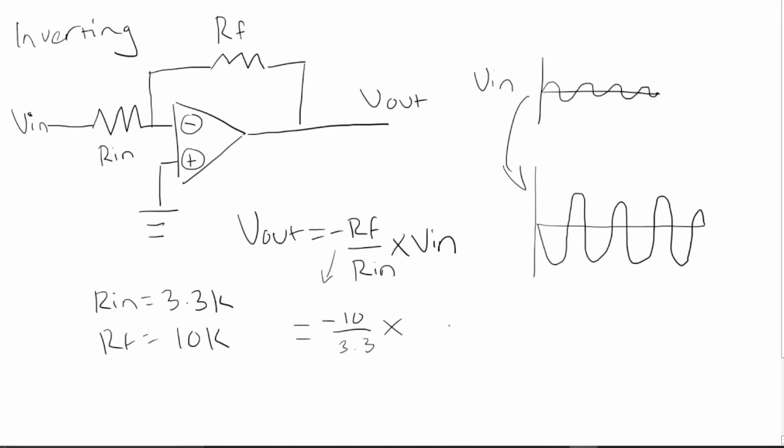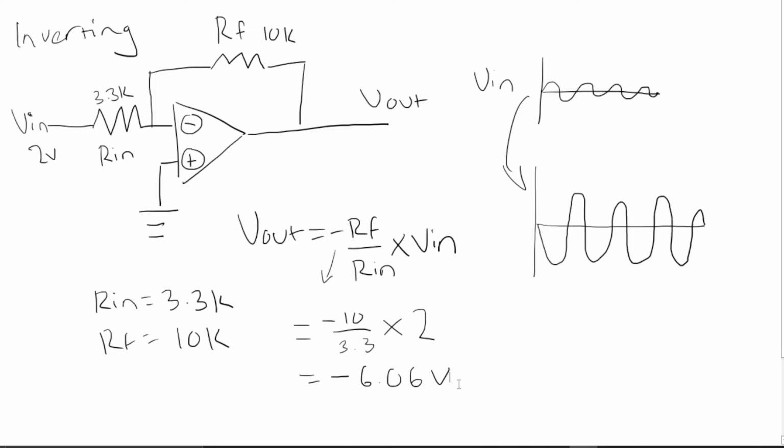Times our V in, we can set a V in of 2 volts as a good example. So say we're putting 2 volts into here. This is 3.3k, this is 10k. We'll plug that into our calculator now, and we arrive at minus 6.06 volts.